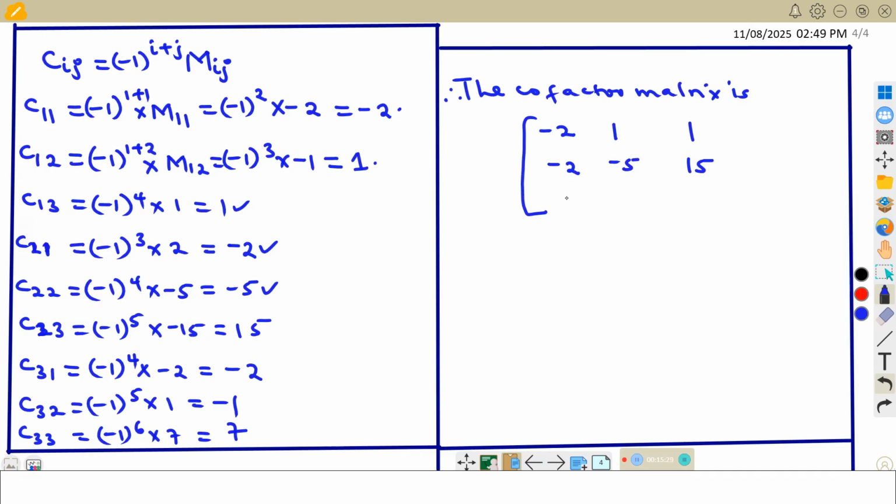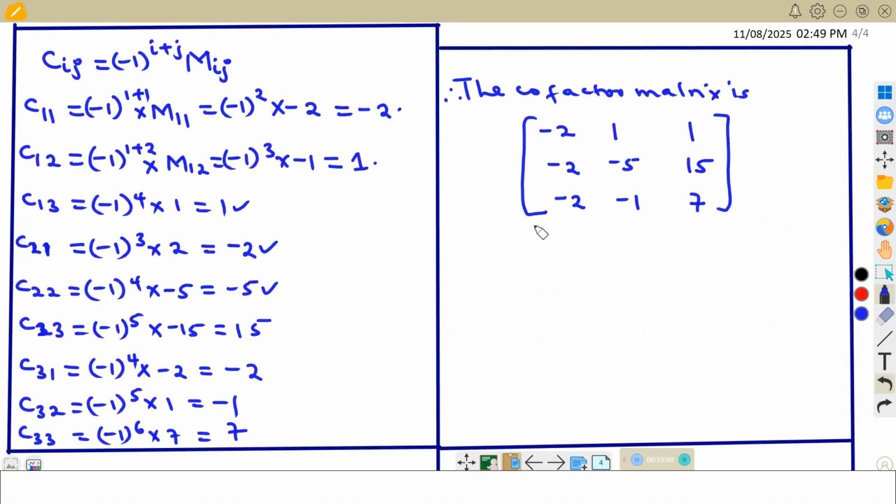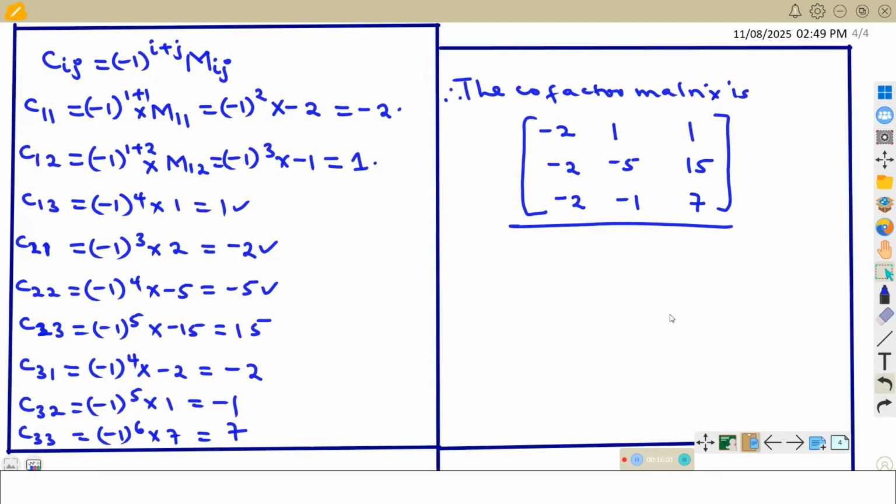This is 3,1 is negative 2, 3,2 is negative 1, and this is a 7. So that will be our cofactor matrix. So we are able to get the cofactor matrix, and we are able to get the minor matrix. So that will be answered. Basically, the question wanted us to find the minor and cofactor matrices of this given matrix, and these are the minor and cofactor matrices respectively.